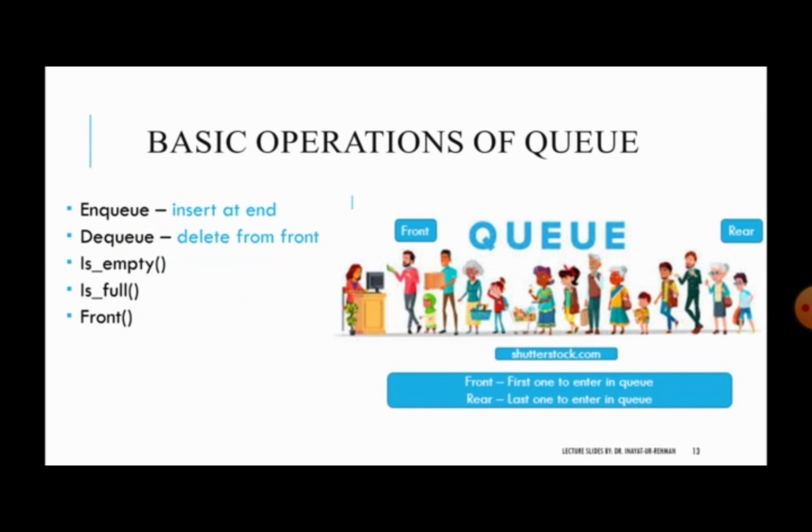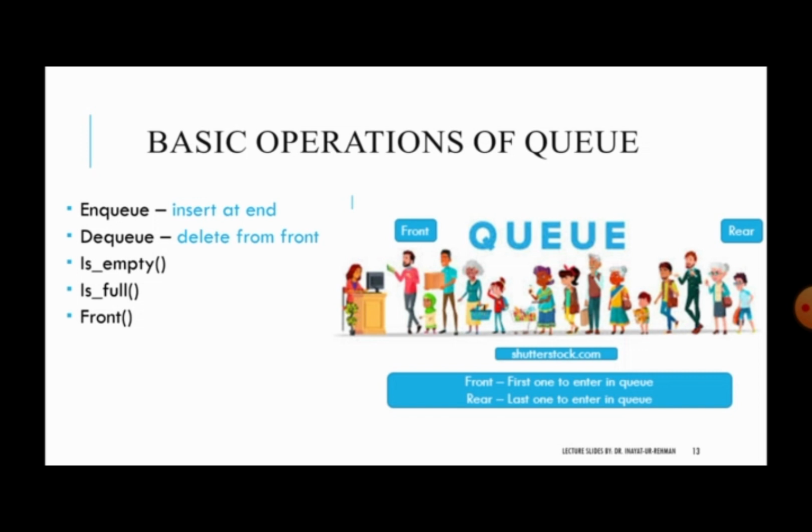The basic operations of queue are enqueue, which is to insert the element, and the element will be inserted at the end of the queue, which is the rear end.